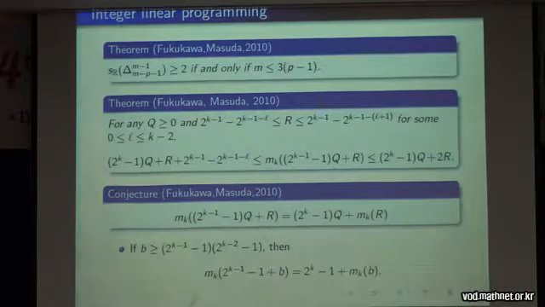They gave a partial answer to this conjecture: if p is sufficiently large, then this conjecture is true. This statement and the bottom line are the same statement.